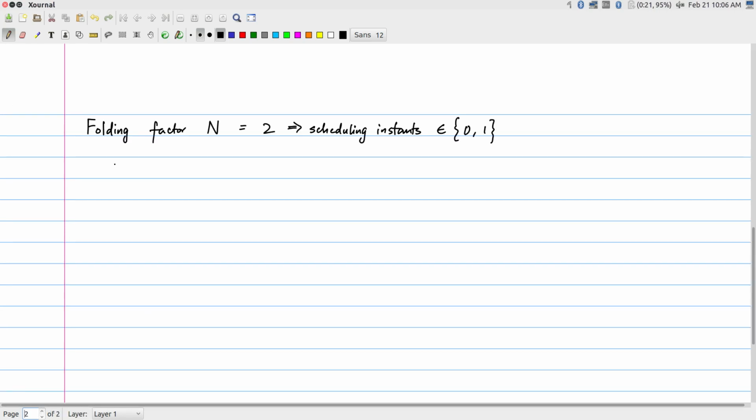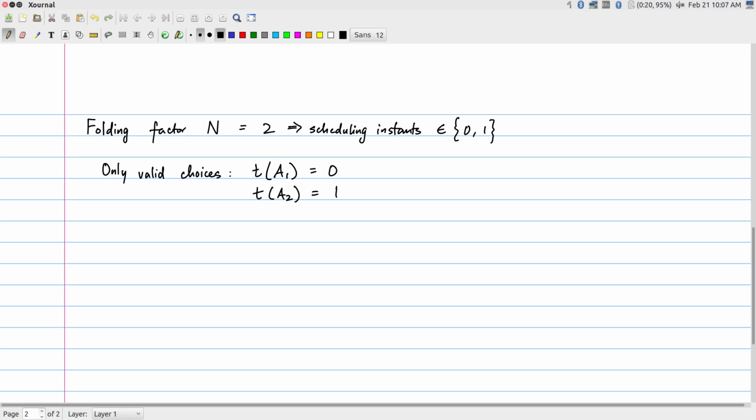From that, what we can see is the only valid choices are that T of A1 is equal to 0 and T of A2 is equal to 1, where T of a node is the time instant at which it is scheduled. These are the only choices which allow us to satisfy the constraints under this particular implementation.